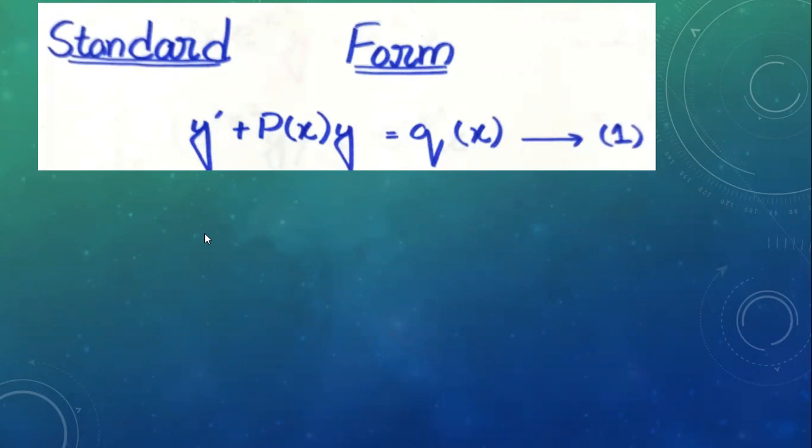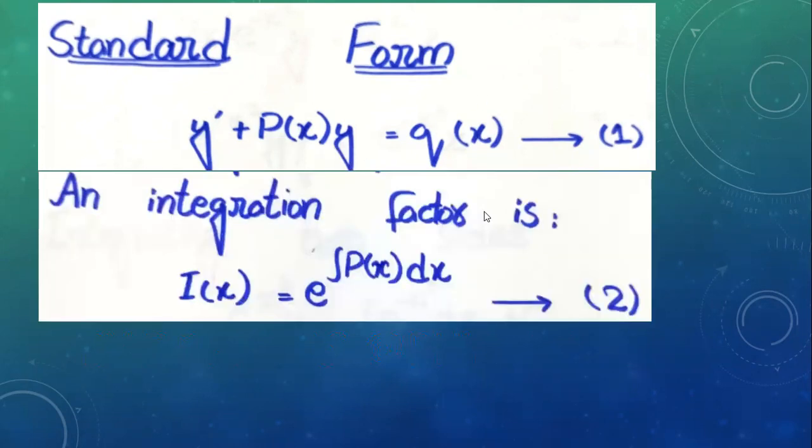So you transform your given problem into standard form, where the highest order is multiplied by 1, anything with y is p of x, and the things independent of y are q of x.